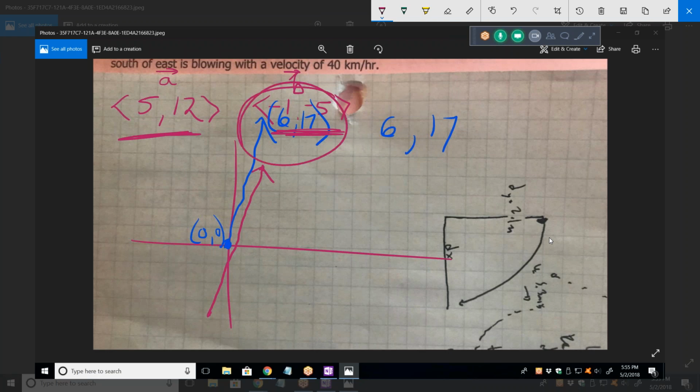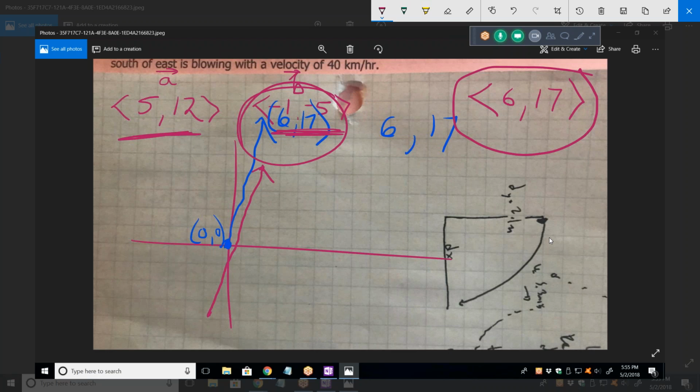So if I want to talk about a vector, I would rather say it's 6, 17 than say the vector that goes between the points 5, 12 and -1, -5. This single definition of that vector is shorter, as you can see. It's only 2 numbers, not 4 numbers.